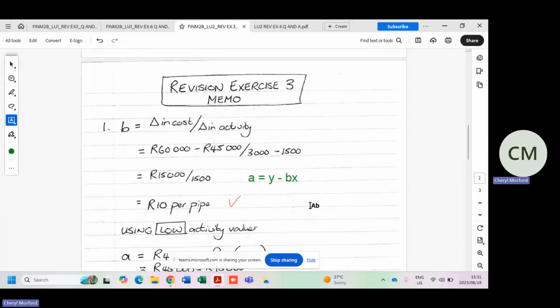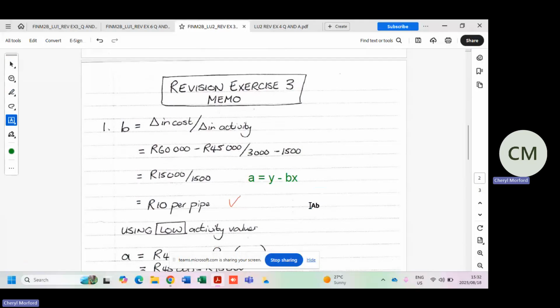Now we're going to substitute either both high values or both low values into that equation. So Y, remember, stands for total cost. It could be high. Then X is level of activity. It must be the high number of units. Or alternatively, we could use both low values.